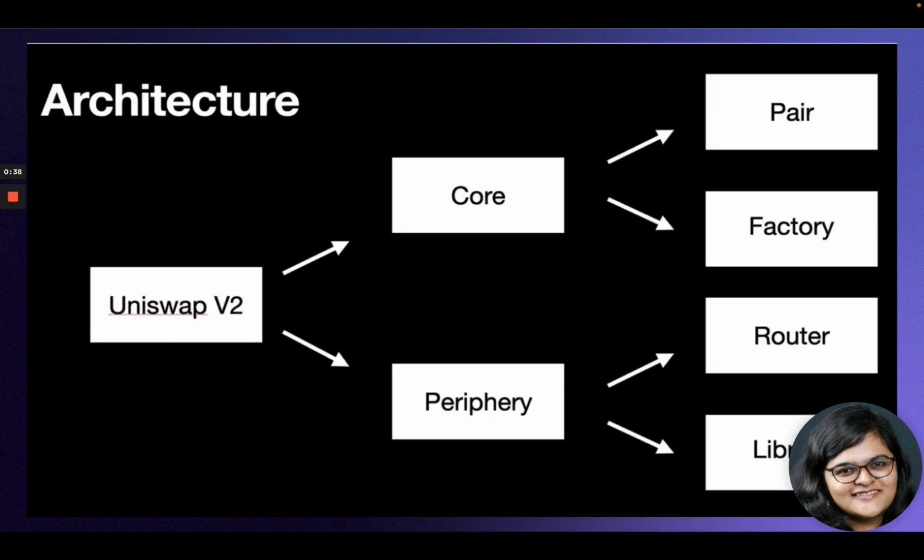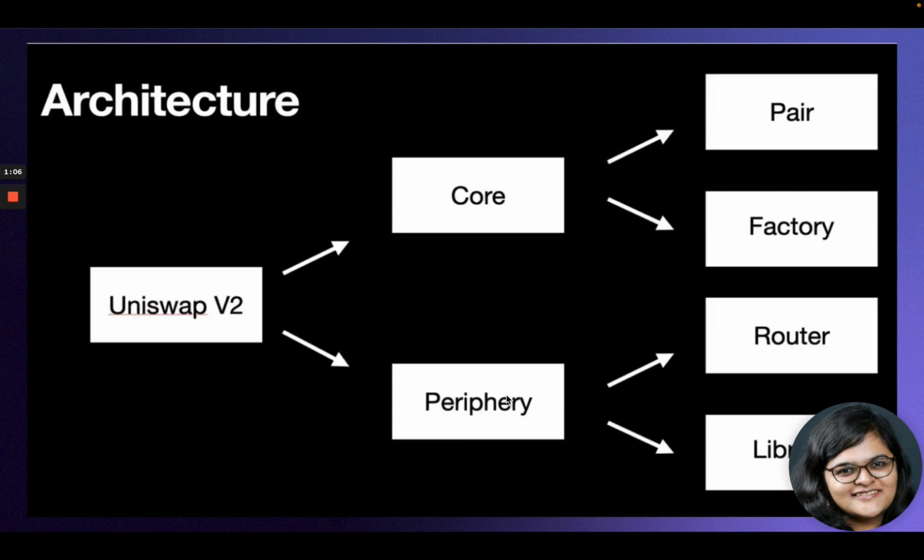So the Uniswap v2 section has two sets of repositories. One is called Uniswap v2 core and the other is called Uniswap v2 periphery. The core has a set of contracts which are used to create these liquidity pool pairs, and there is also a factory contract that is used to deploy these liquidity pool pairs.